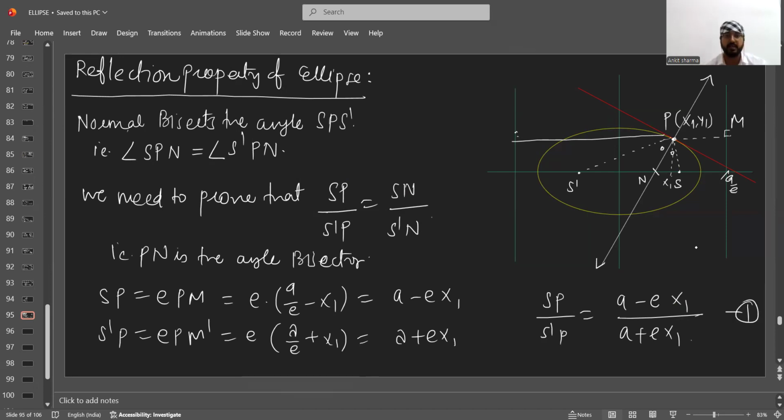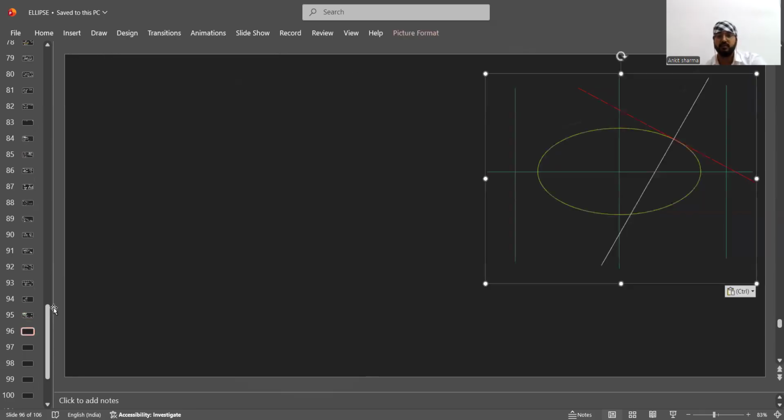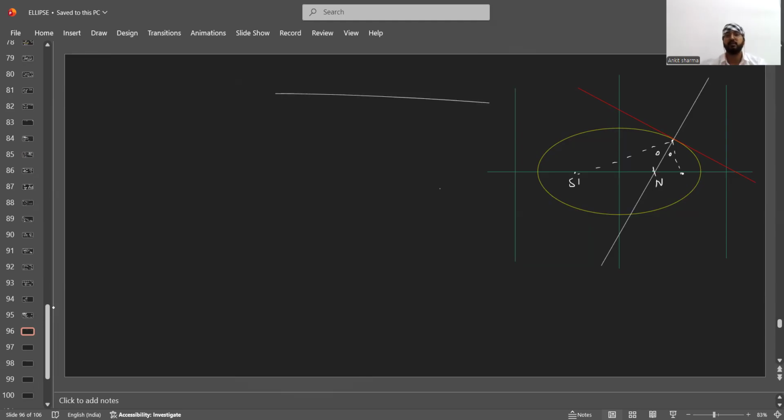Now we will go for SN and S'N. So let's go ahead. This is S here and this is S'. We'll just join these. We have to prove that PN is the bisector. This is N, and here I have my point P. Now let's write down the equation of the normal at P (x1, y1).